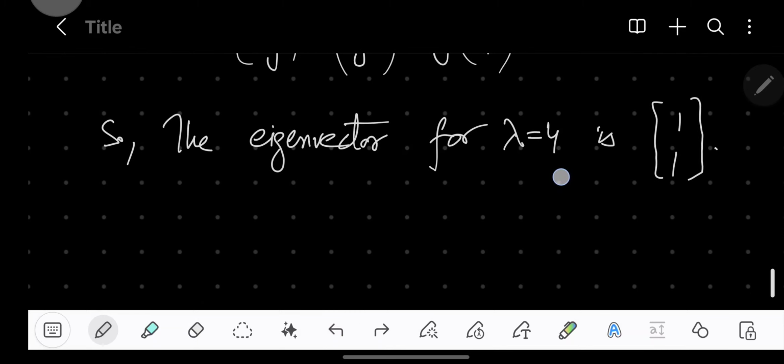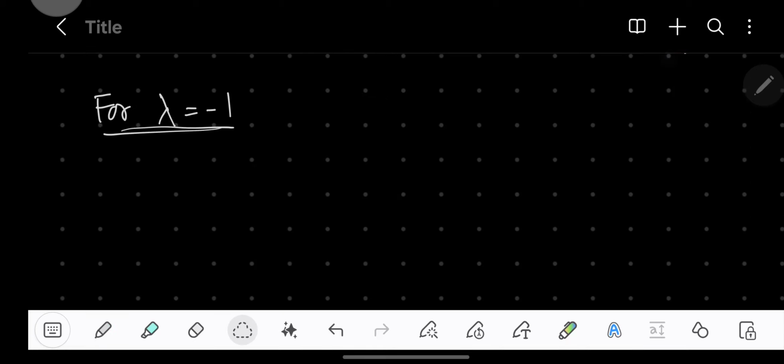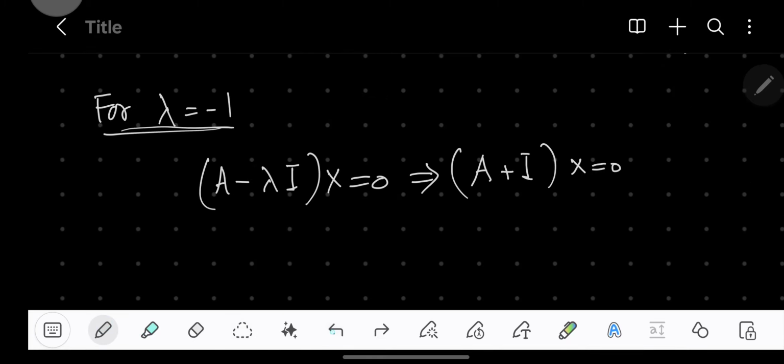Similarly, we will find the other eigenvector for the other eigenvalue, since there were two eigenvalues. For lambda is equal to minus 1, we have A minus lambda I times x is 0.